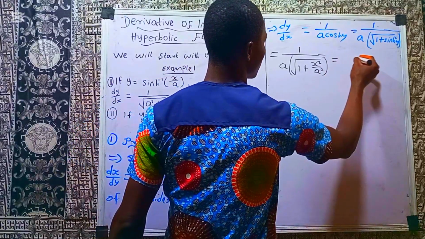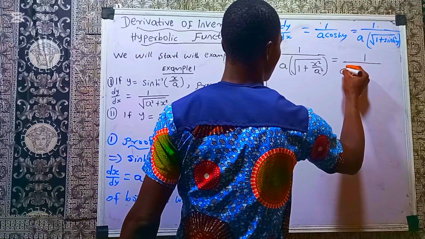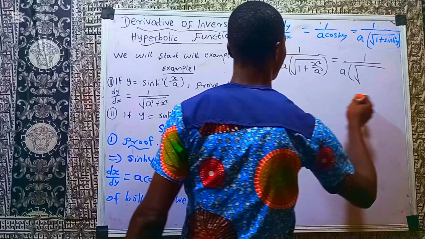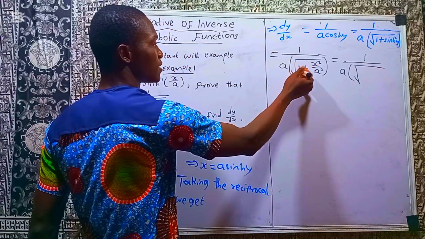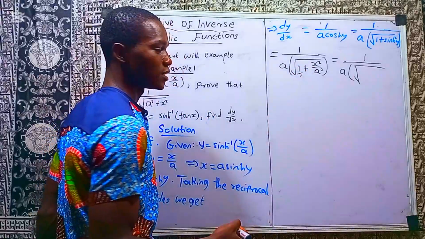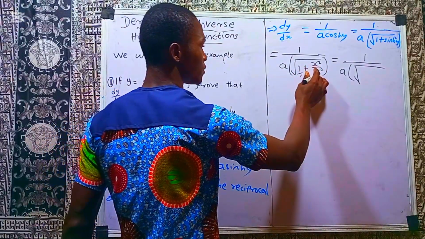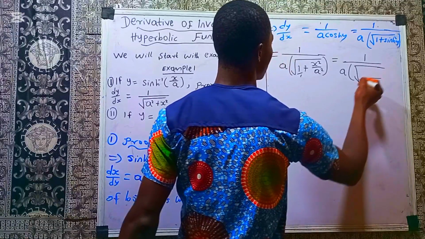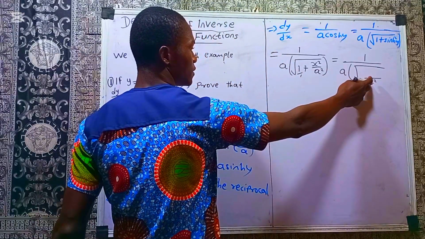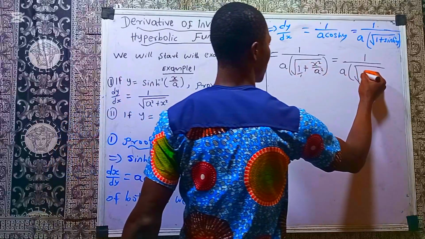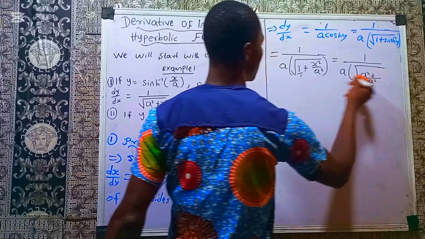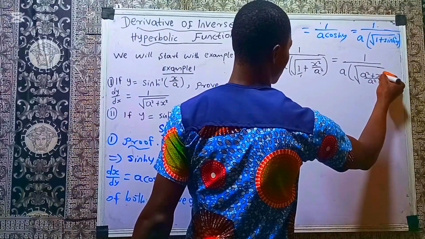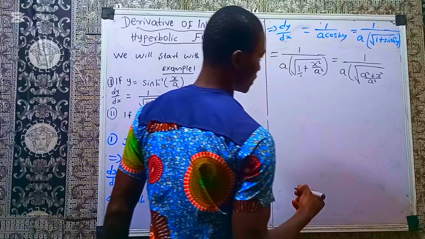So this will be equal to 1 over a into the square root of, we now simplify this quantity inside. You know 1 is the same as 1 over 1, so that your LCM here will be a squared. 1 divided by 1 is 1, multiply a squared, you have a squared, plus a squared divided by a squared is 1, multiply x squared is x squared.